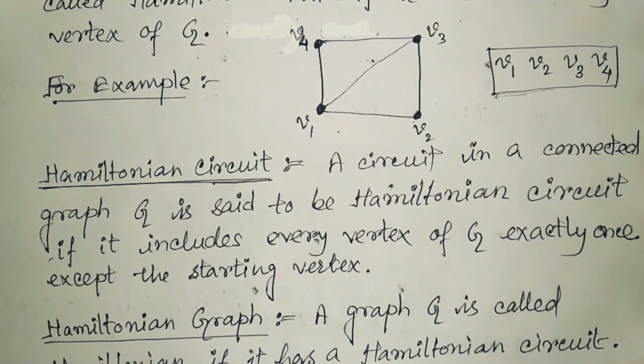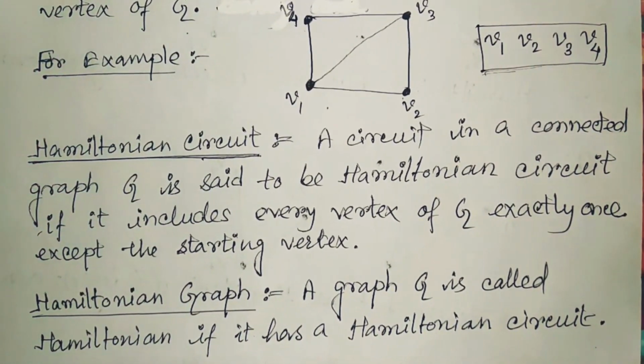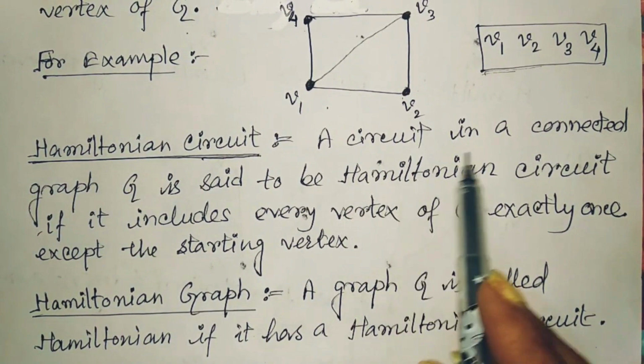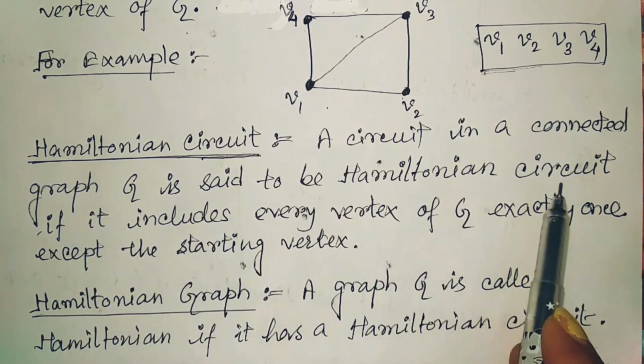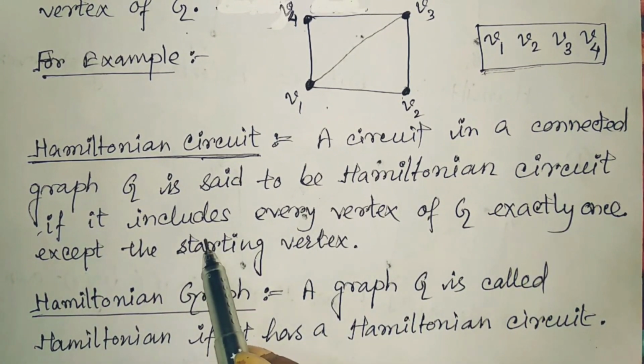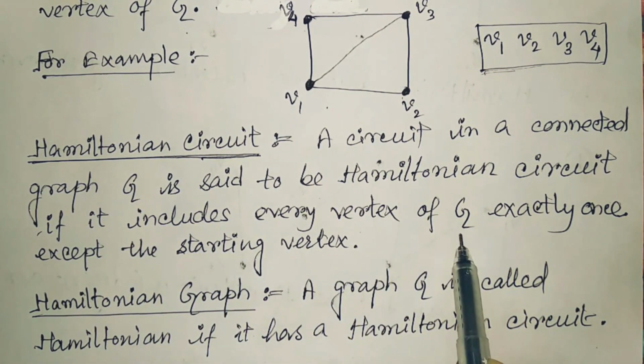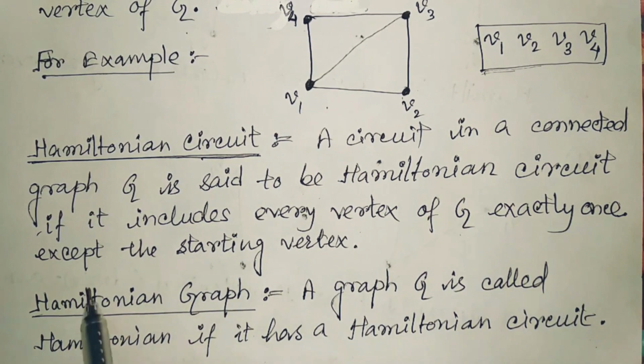Next, it is the Hamiltonian circuit or Hamiltonian cycle. A circuit in a connected graph G is said to be a Hamiltonian circuit if it includes every vertex of G exactly once except the starting vertex.